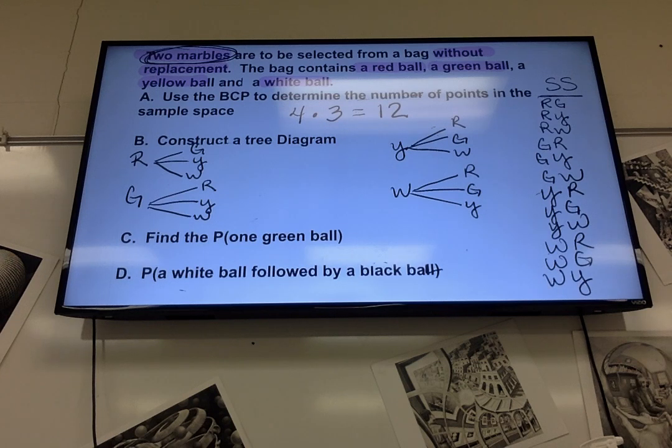And if I counted those up, I should get 12, just like I got for the basic counting principle.